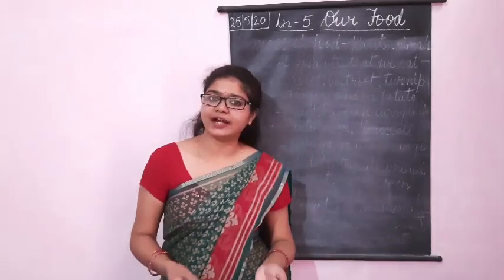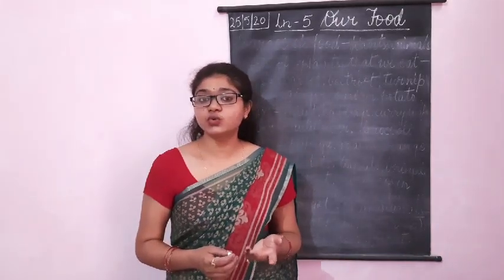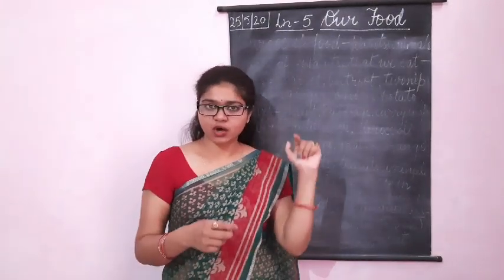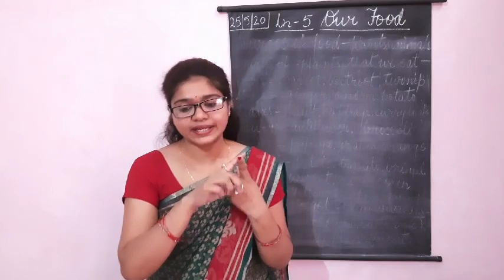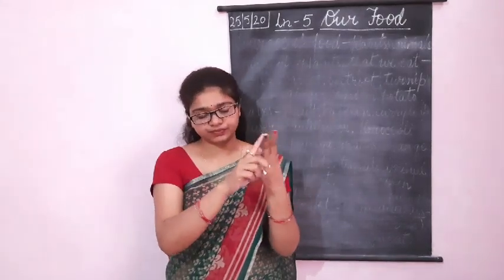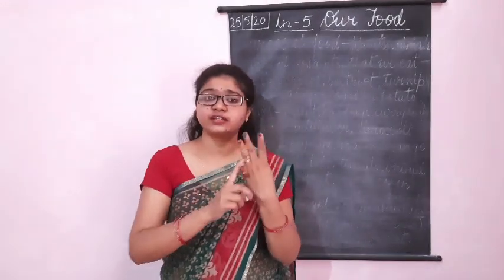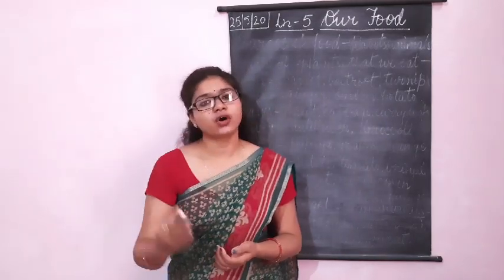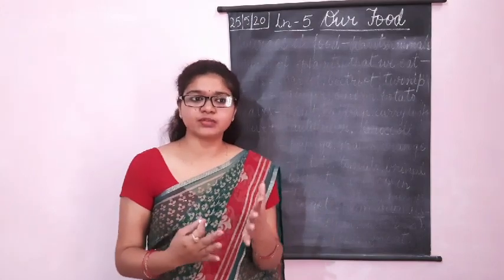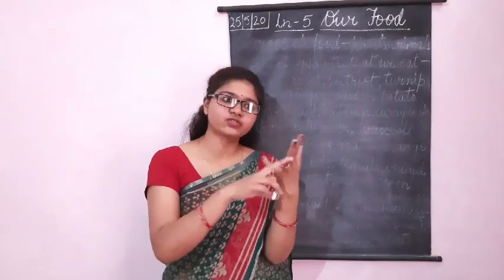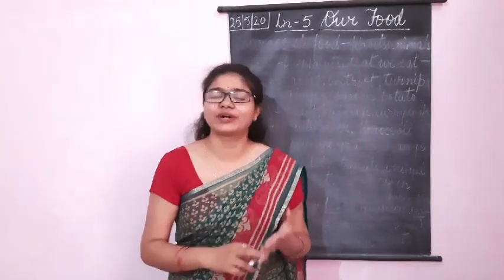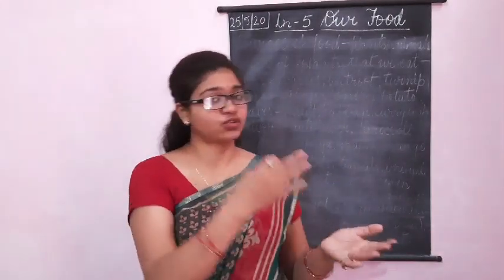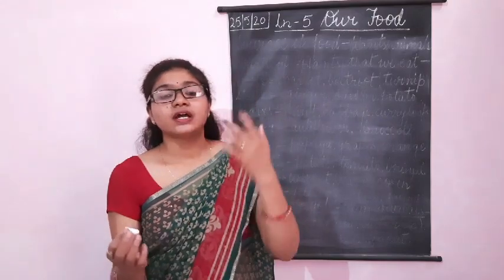On the other hand, who is non-vegetarian? A person who eats all these things plus eggs, meat, fish, chicken, is called non-vegetarian. A non-vegetarian person can eat both vegetarian things and non-vegetarian things, but a vegetarian person will eat only vegetarian things, not non-vegetarian things.